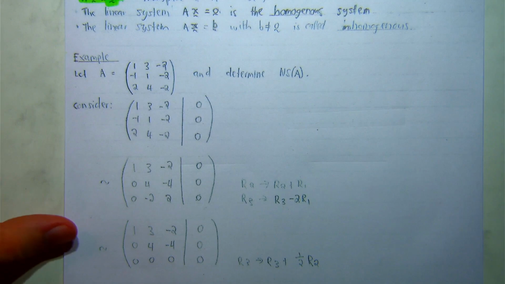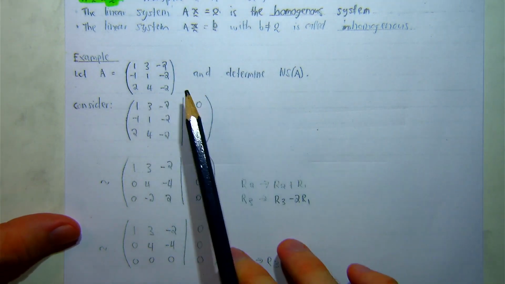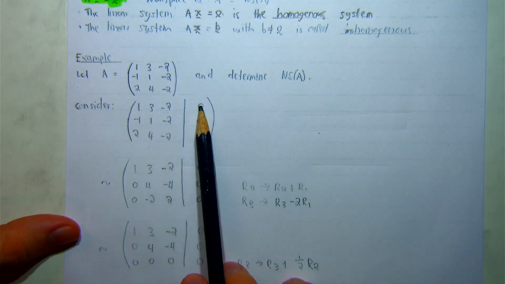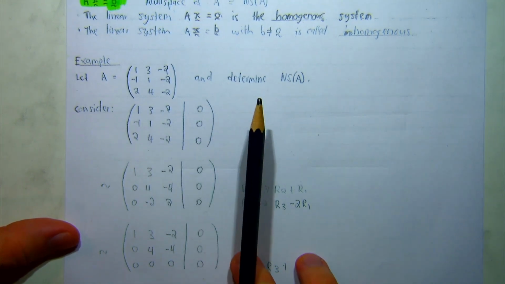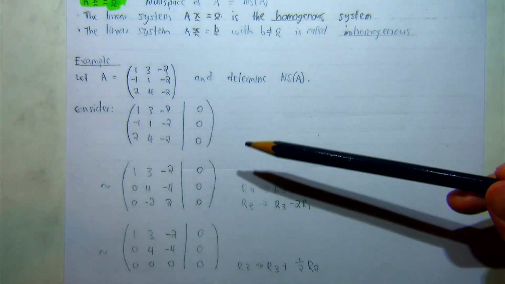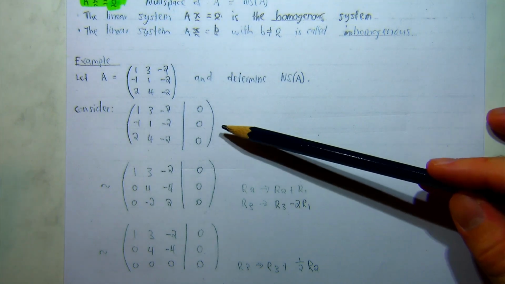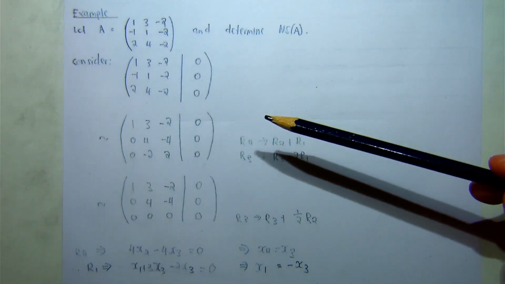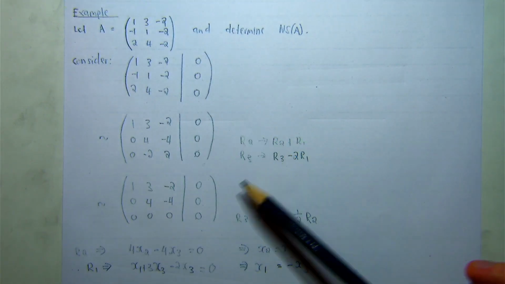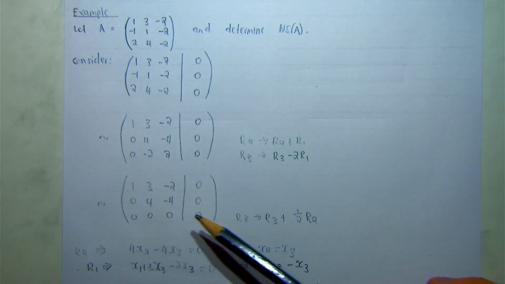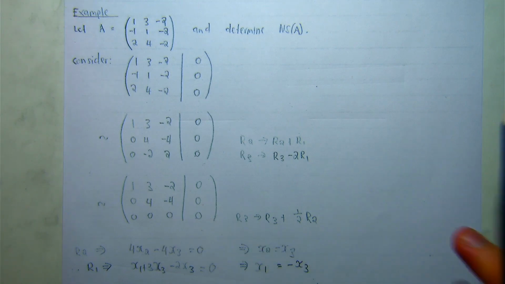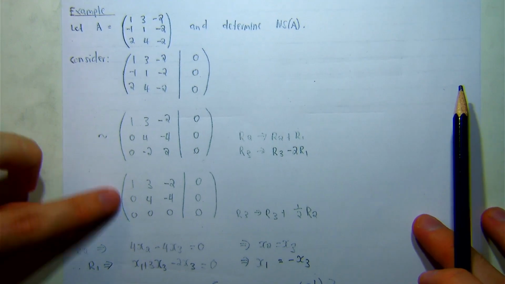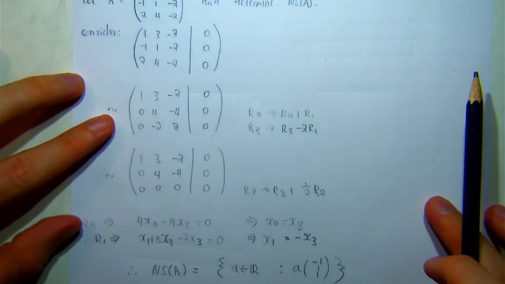So if A is equal to this and we want to work out the null space, we need to establish an augmented matrix with the zeros on the right. And then we just solve for the solutions to this. And what we end up getting here is 0, 0, 0 equal to 0 on the bottom. And now we have the opportunity to work backwards to work out the solution here.